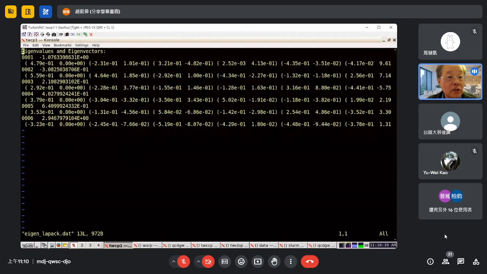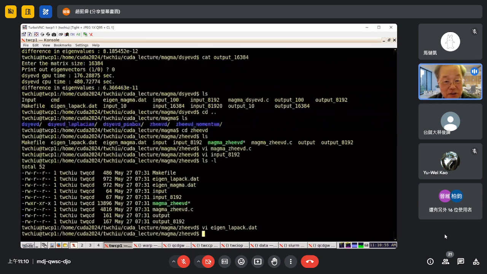This actually is only a 6 by 6 matrix, so you can see the eigenvalues and the eigenvectors.